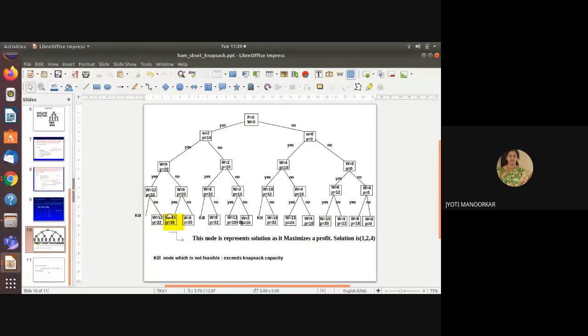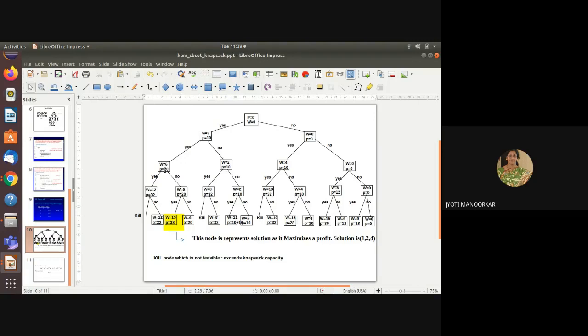At this node, what are the elements that are considered? You can check the branching. The first element is included, from the root to the first node at level 1. Then from the first level to the second level, the second element is included.